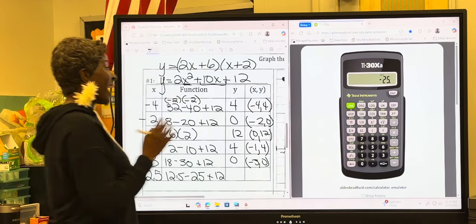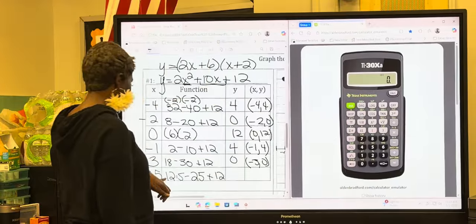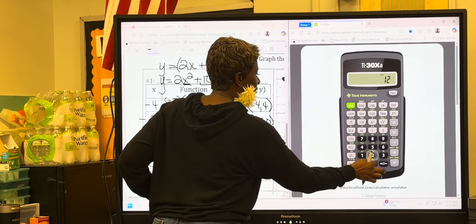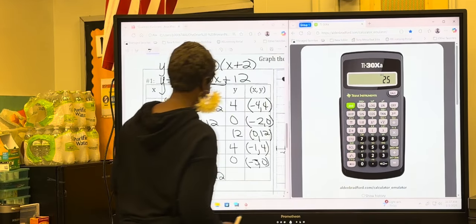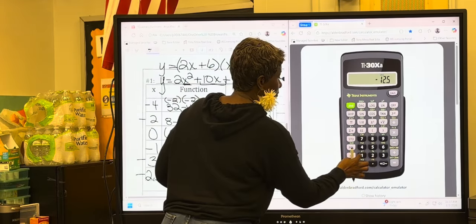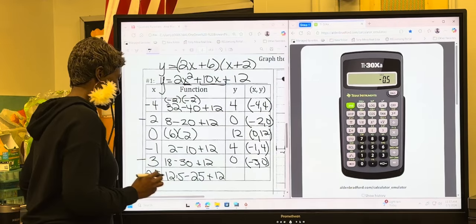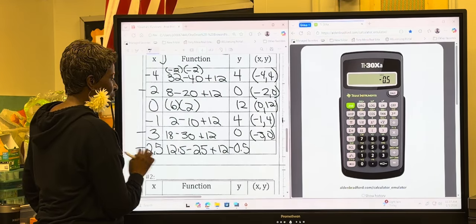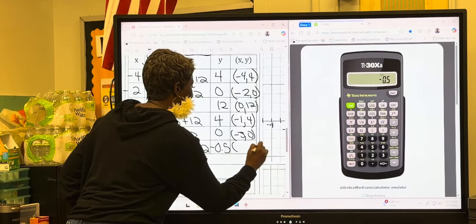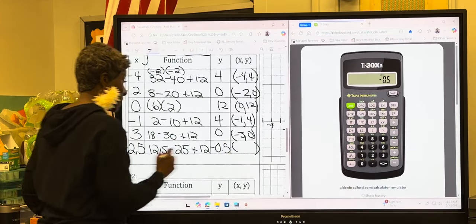Now in our calculator: 12.5 minus 25 plus 12. We get what? Negative 0.5.